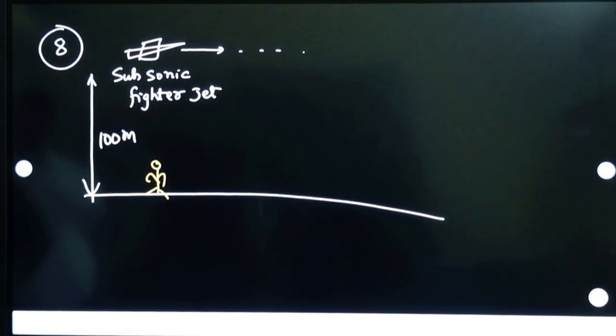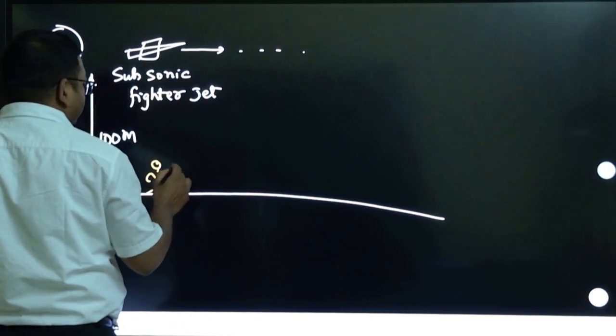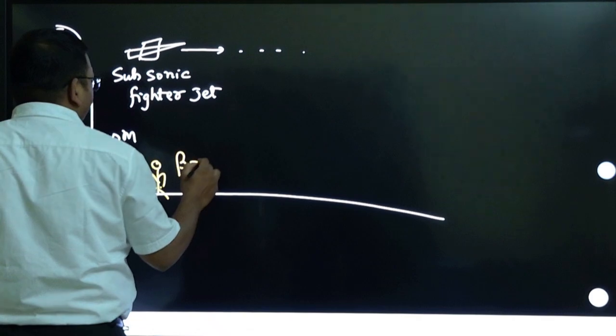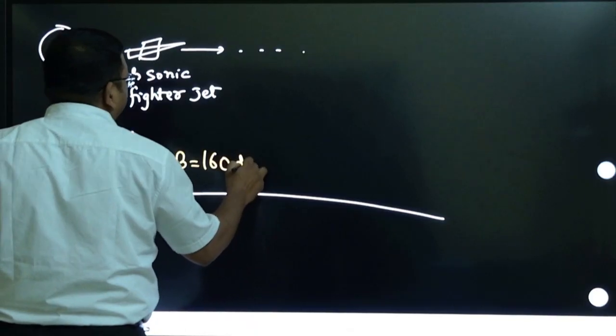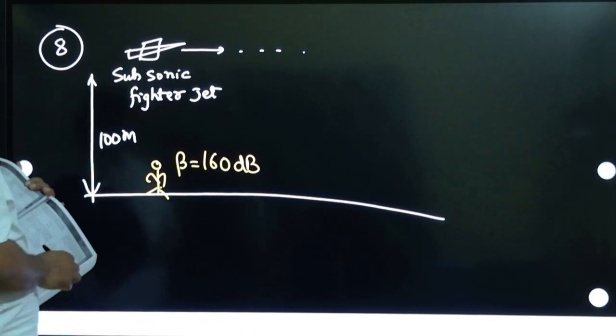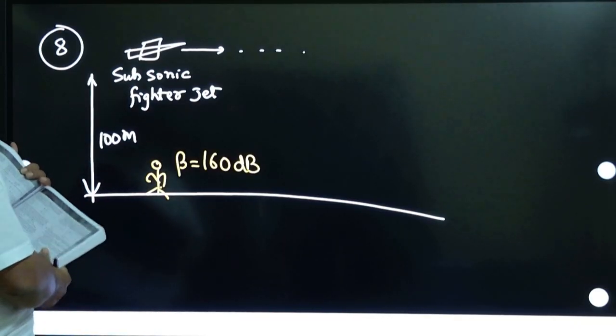Sound intensity just passes over it. So when this is passing over him, he is hearing an intensity of 160 decibel. Then the question is, at what altitude should the fighter jet fly so that the ground noise is not greater than that?